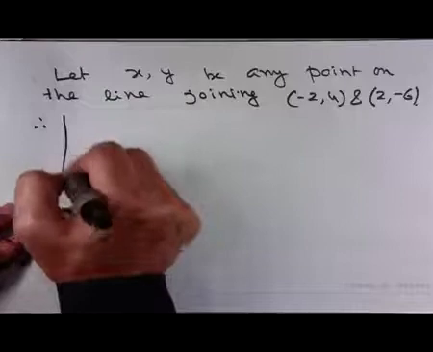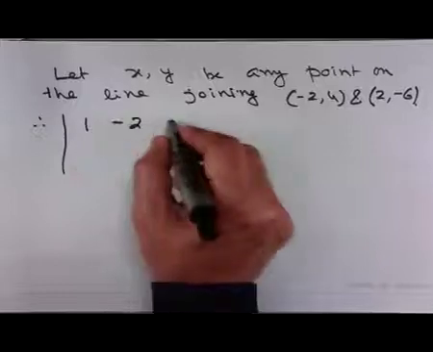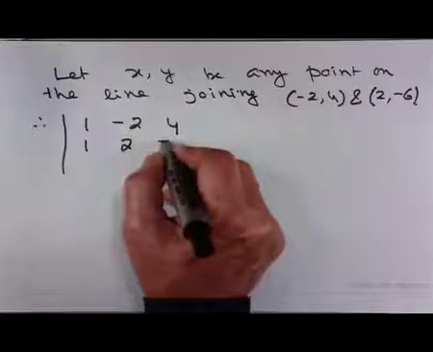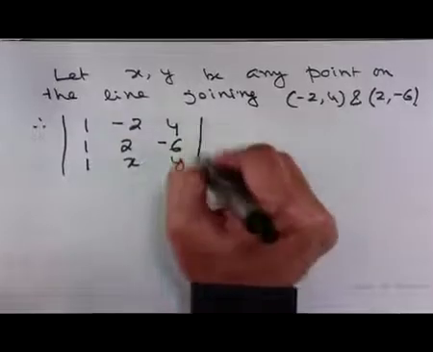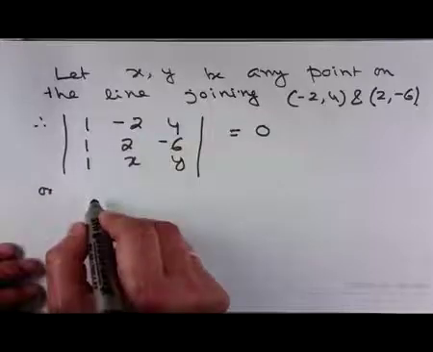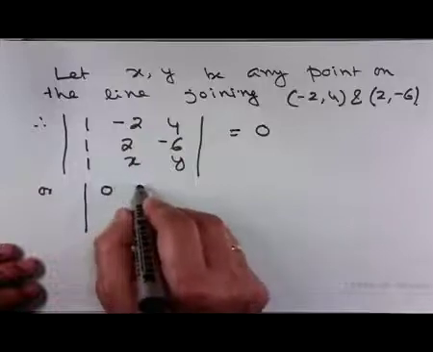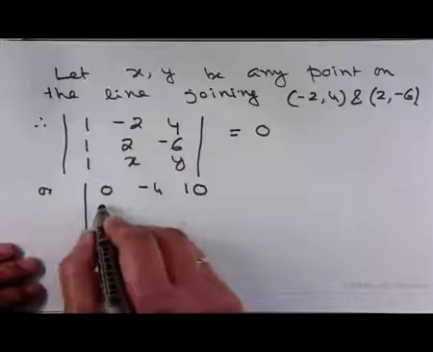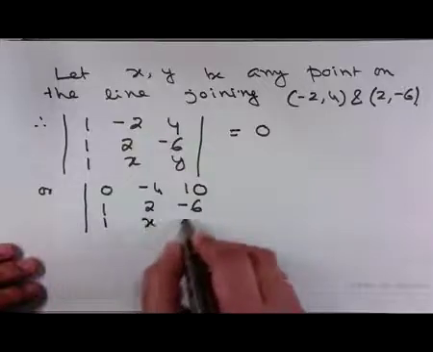Therefore, the determinant of [1 -2 4; 1 2 -6; 1 x y] is equal to 0, or [0 -4 10; 1 2 -6; 1 x y].